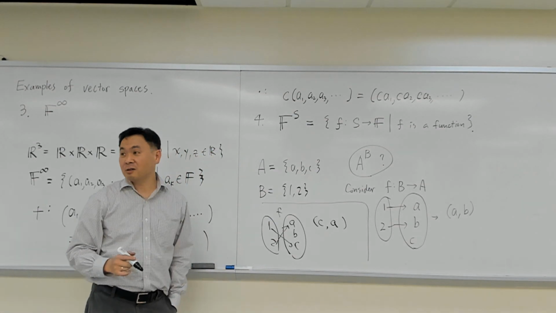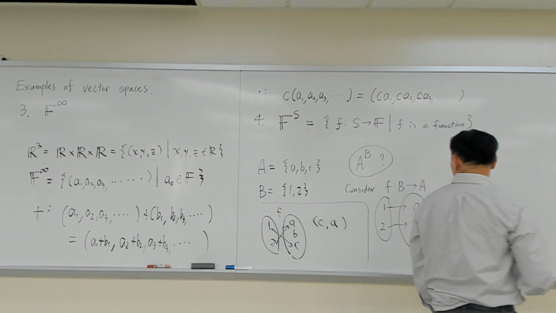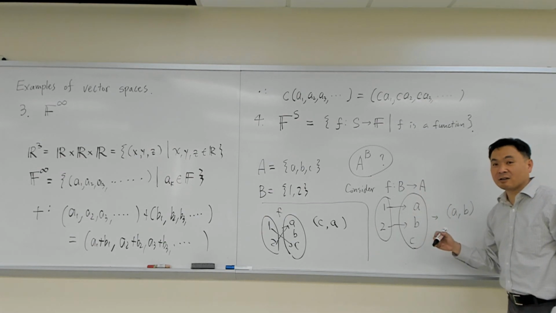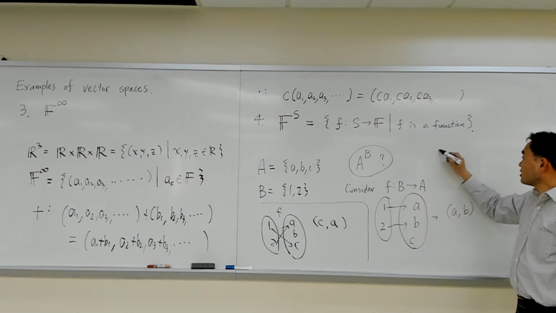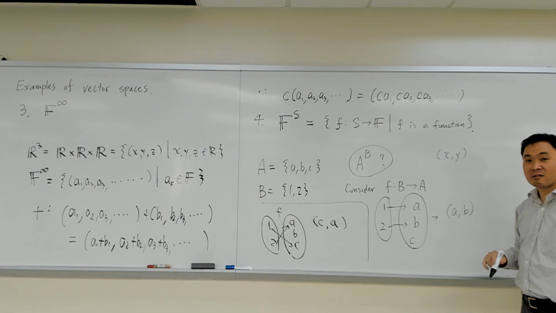So now if you think about all the possible functions from B to A, they'll always look like something comma something, right?